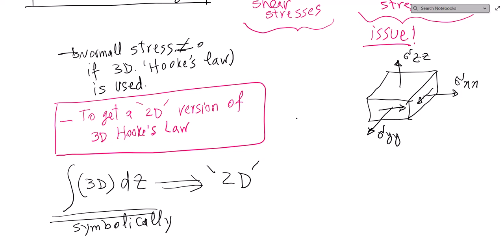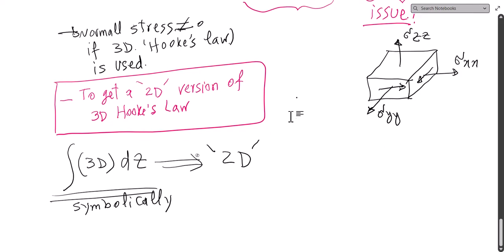This is based on the assumption that the variation in the Z direction is small compared to this. So we integrate the whole thing along the Z, and based on that we will get a two-dimensional version of Hooke's law.